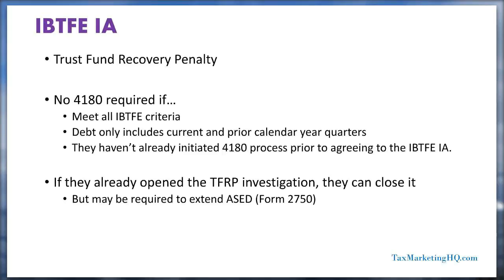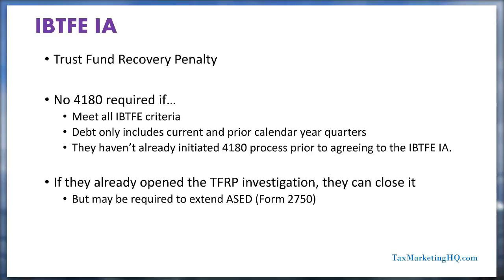The trust fund recovery penalty in this situation can be entirely avoided. We'll talk about this towards the end, but IRS Form 4180 is the interview form that the IRS uses to determine whether somebody should be assessed the trust fund recovery penalty.